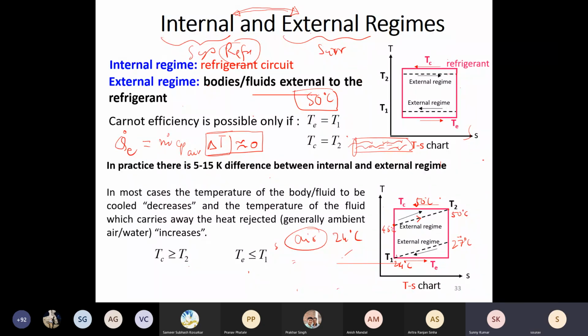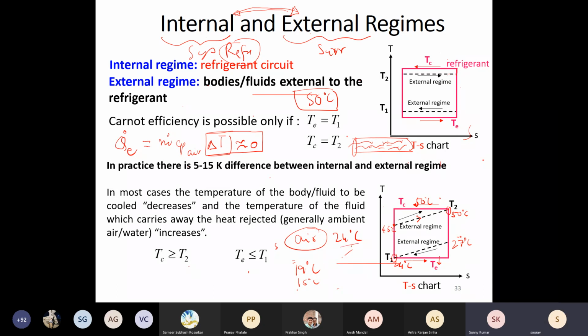Okay, so even this condition is not practical. Having delta T over here as 0 is again not practical. So your evaporator in this case may be 2 or 3 degrees or even 5 degrees lower than 24. So your evaporator could be operating at 19 or even 15 degrees C. So it depends again on how much area has been provided for the heat transfer process.